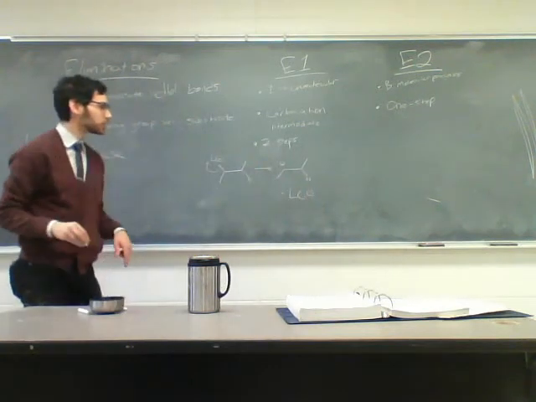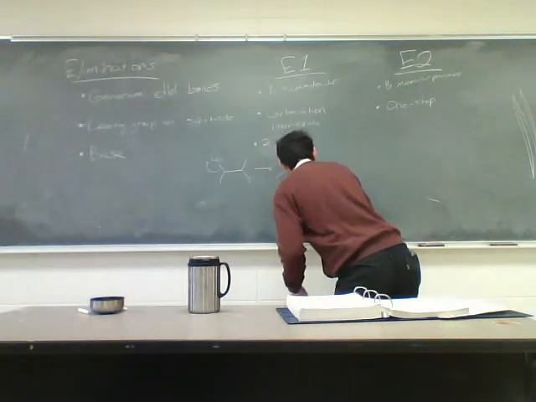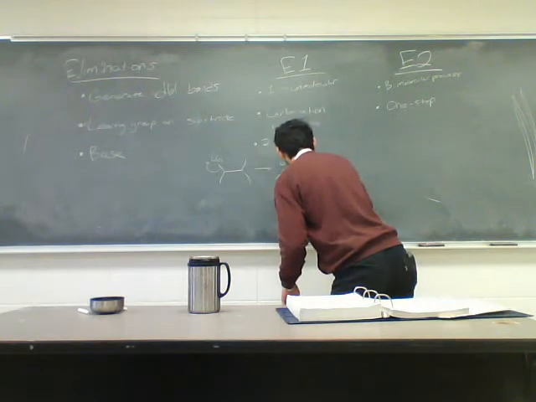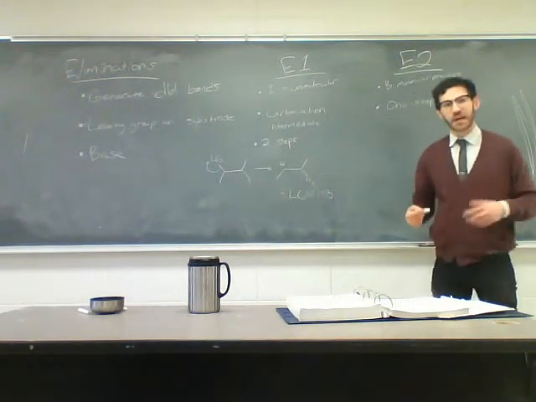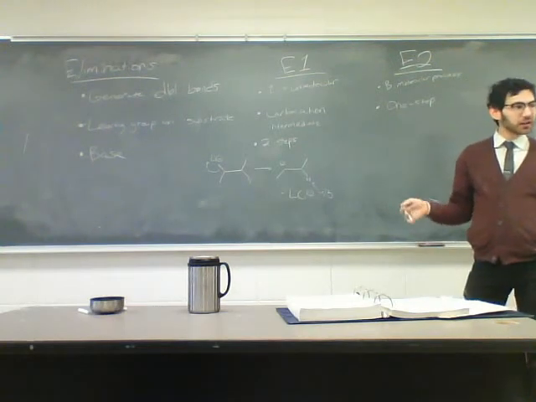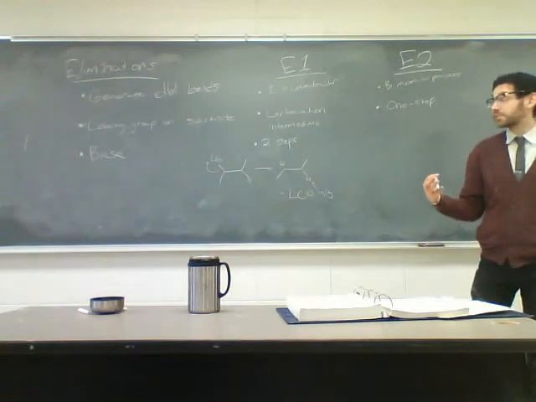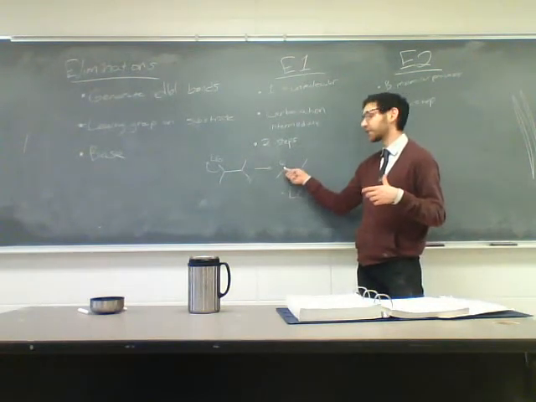Plus our leaving group. And then at this point, our base attacks the hydrogen. So this hydrogen is now fairly acidic. What do I mean by acidic? It has its electrons being removed from it. And that's because there's this positive charge over here.